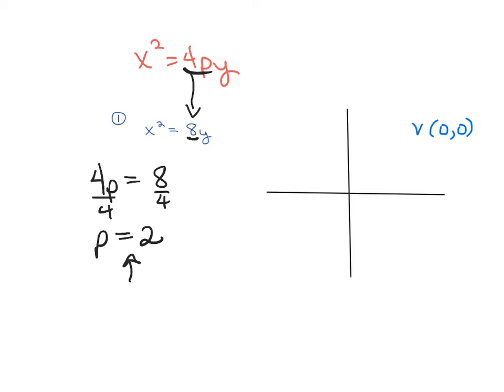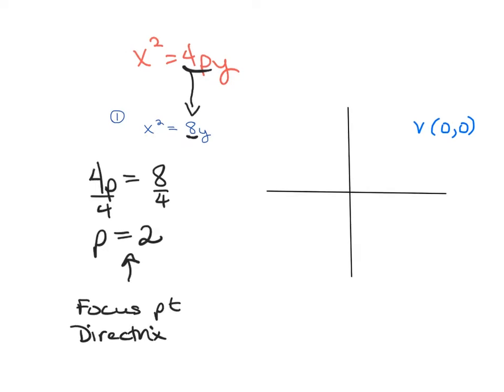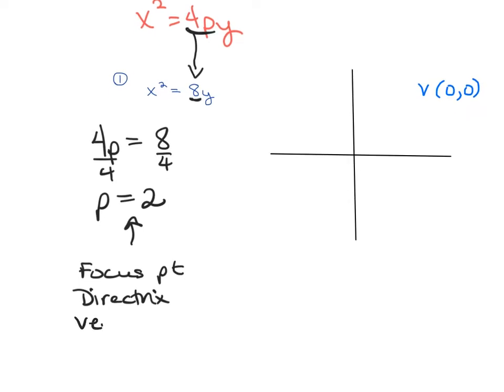They're also going to ask you to find the focus point, the directrix equation, and the vertex. And then it's going to ask you to find an additional point on your graph. The way that you're going to get that additional point is you're just going to plug in values for either x or y into your equation. You can choose whatever numbers you want to plug in.